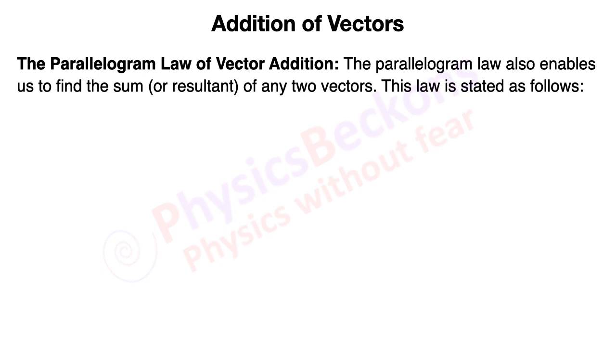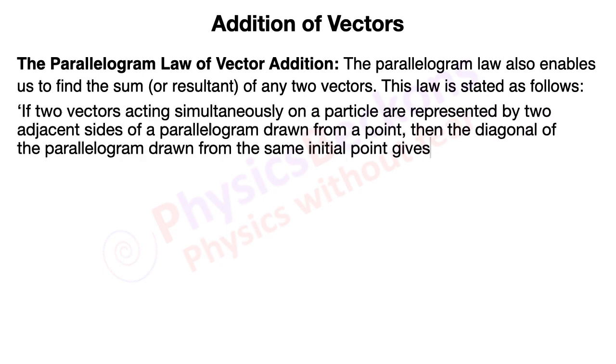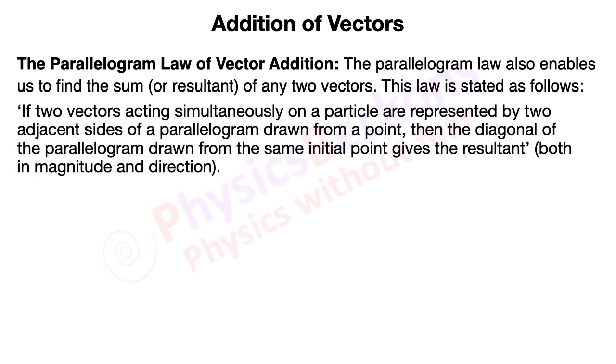The law is stated as under: if two vectors acting simultaneously on a particle are represented by two adjacent sides of a parallelogram drawn from a point, so here also conditions are specific, the two vectors are to be drawn from the same point. Then the diagonal of the parallelogram, again drawn from the same initial point, gives the resultant. So both the vectors to be added and the resultant are to be drawn from the same point.